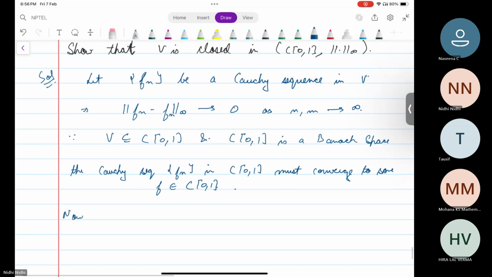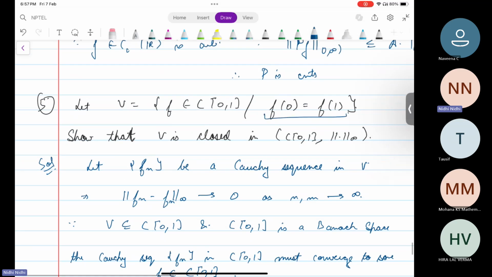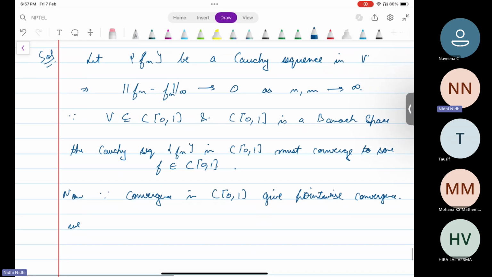Now, since convergence in C01 is uniform, and uniform clearly implies pointwise, we have pointwise convergence. Our function f is in C01, and we want the condition f(0) = f(1) as well.